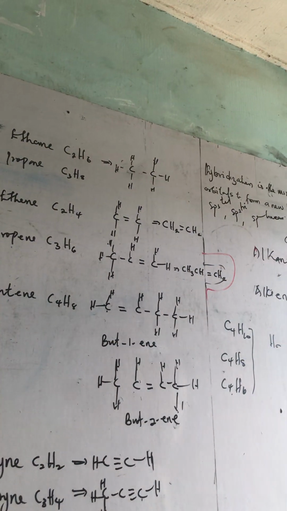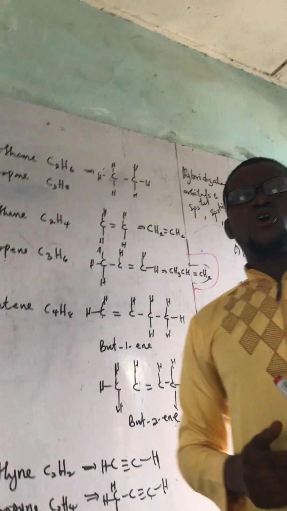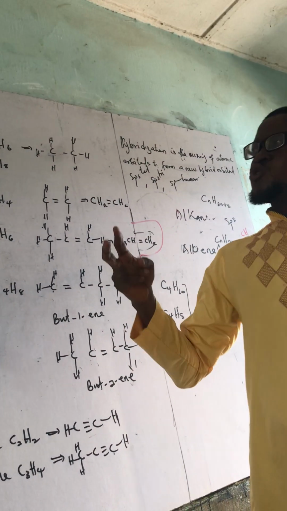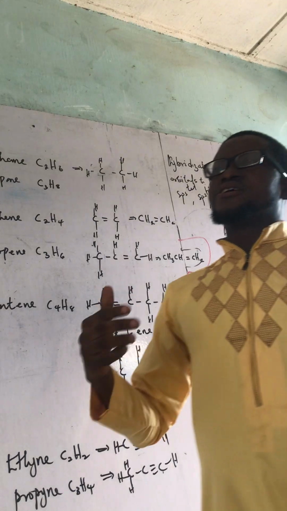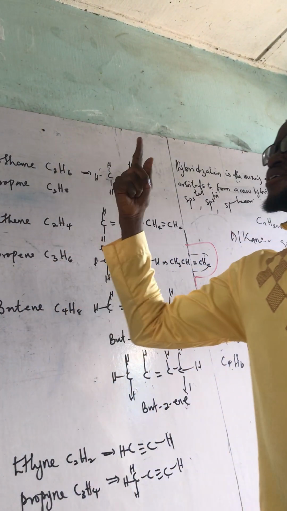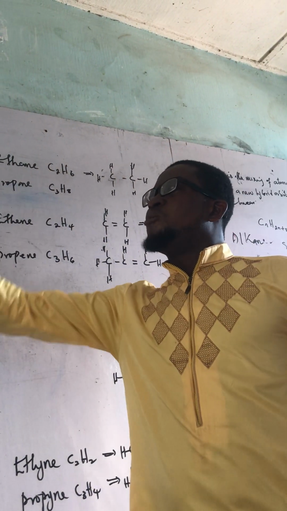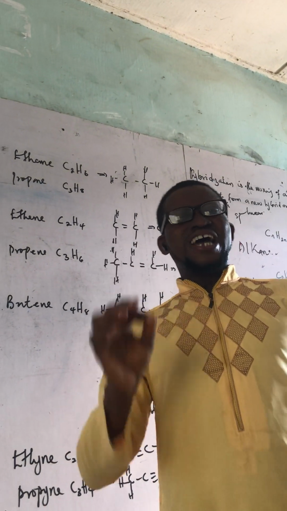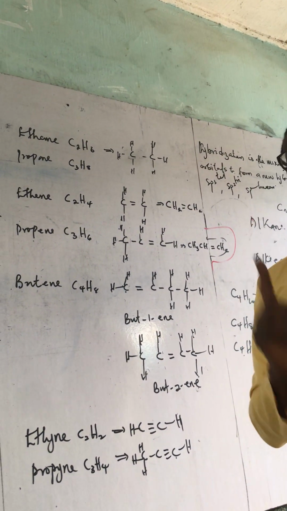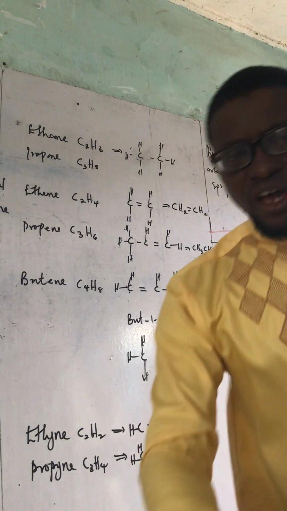I take it again. Isomerism is the occurrence when two or more organic compounds have the same formula, but they have different structures. That is what they call isomerism.